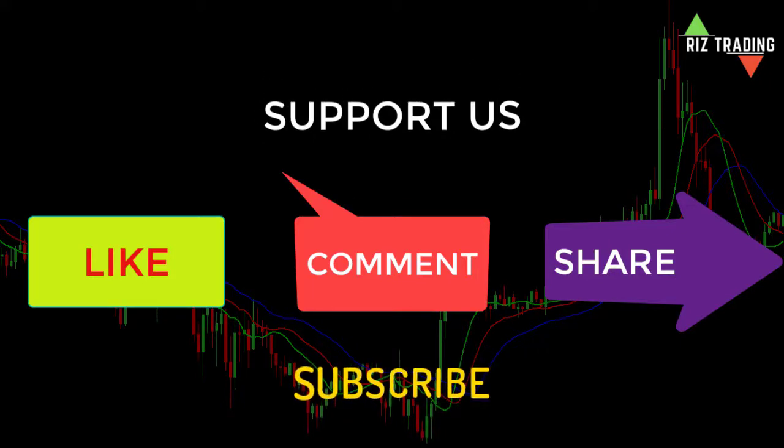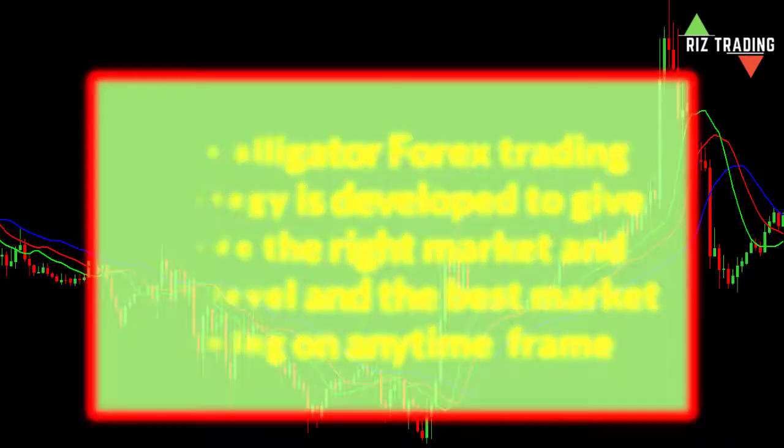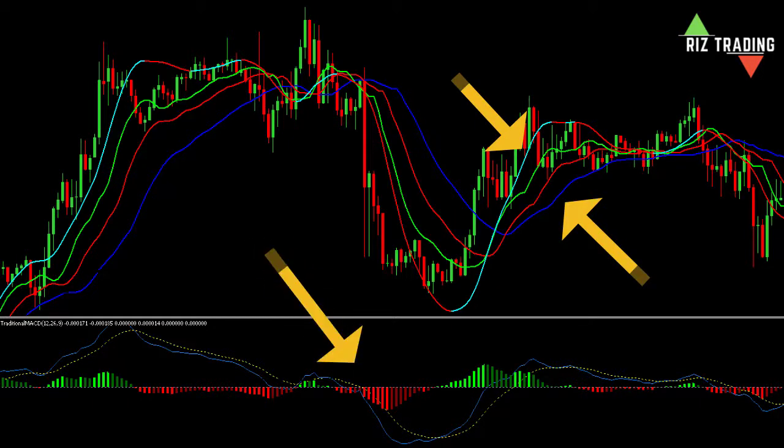Now let's dive into the strategy. The alligator forex trading strategy is developed to give traders the right market entry level and the best market timings on any time frame. So we will need three indicators in this strategy. Number one is the alligator, number two is the Hull moving average with the period of 36, and the two-line MACD indicator.